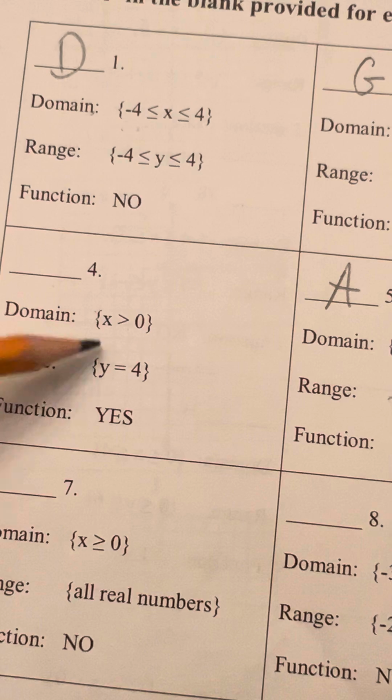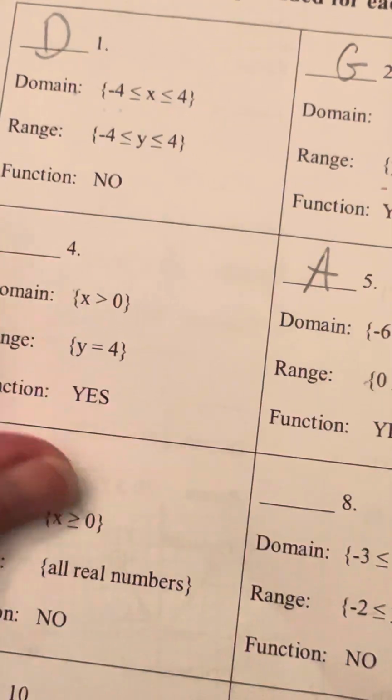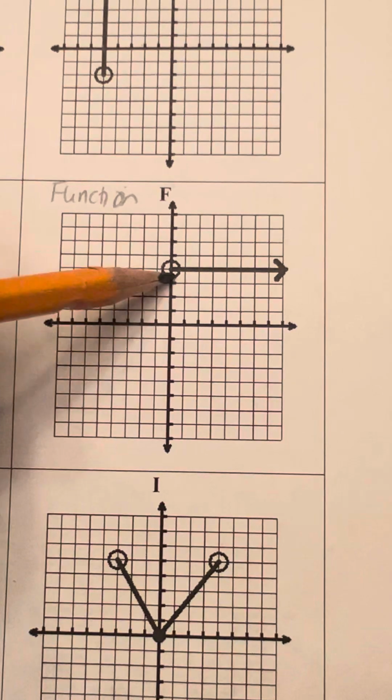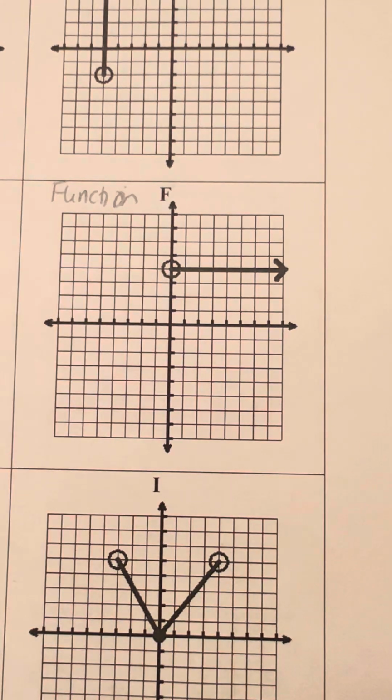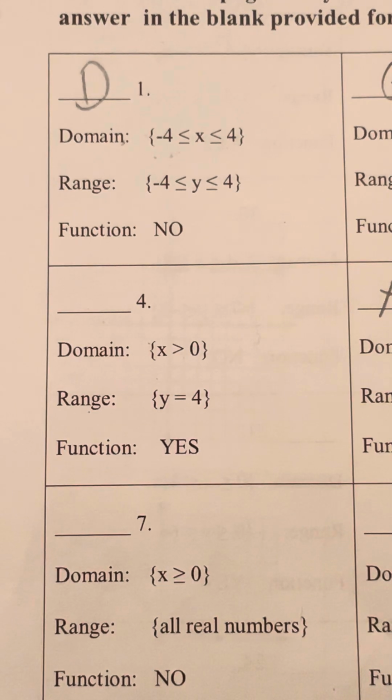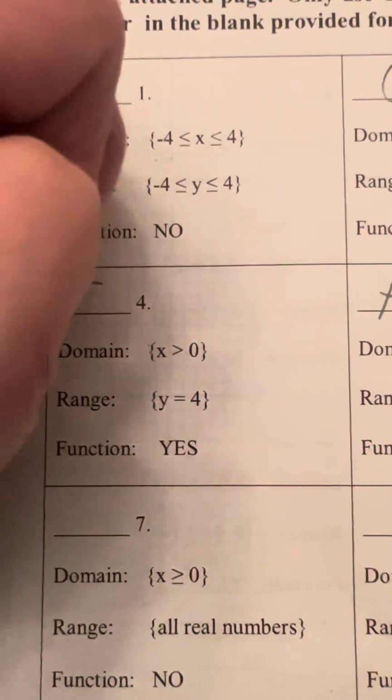Again, it's not equal to 0 because it's an open circle. And then when we look at the y values, it's up at a +4. So that means my y values are all equal to 4. So we write y is equal to 4. This is the one that matches this particular graph, which is graph F.